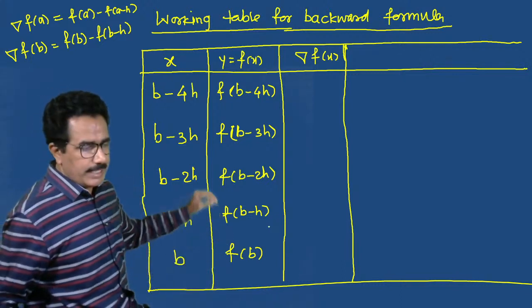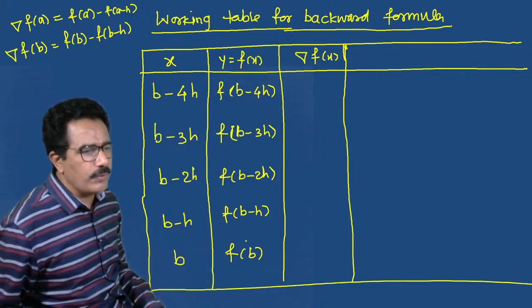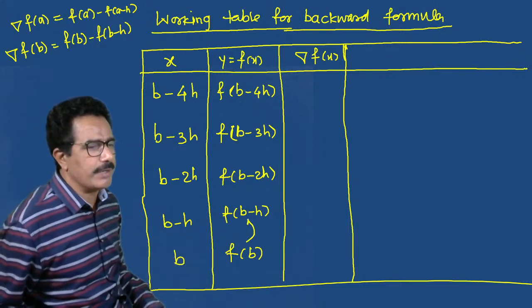So we get del f of x. Correct, very good. Del f of x means difference. Subtract the first from each second one. So we have to subtract in this way.